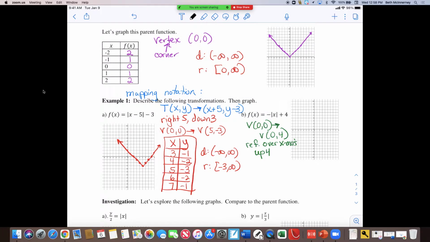So this is where the mapping notation helps. So what you're going to do, reflections happen before the up. Okay, reflections happen before the up. So I didn't do anything to x, but you're going to take the opposite of y plus 4.